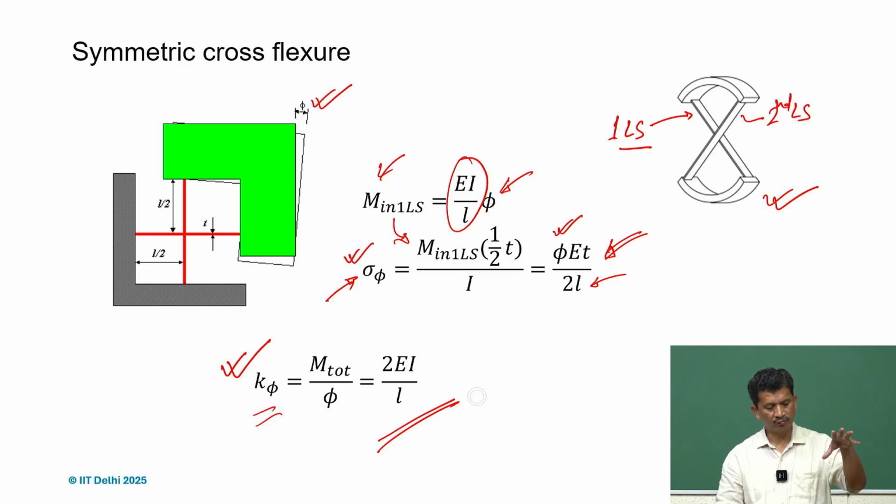Now we know that if we take any kind of cross flexure, two flexures put in orthogonal fashion, intersecting or overlapping, we can get a very good hinge out of it.